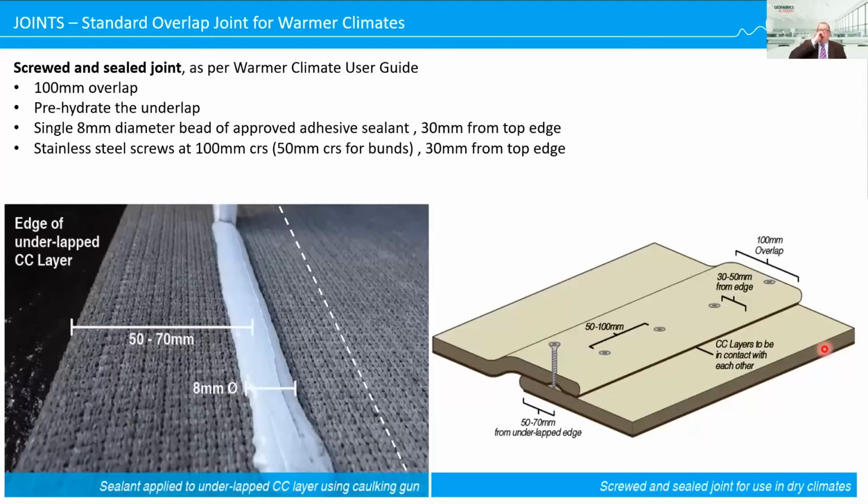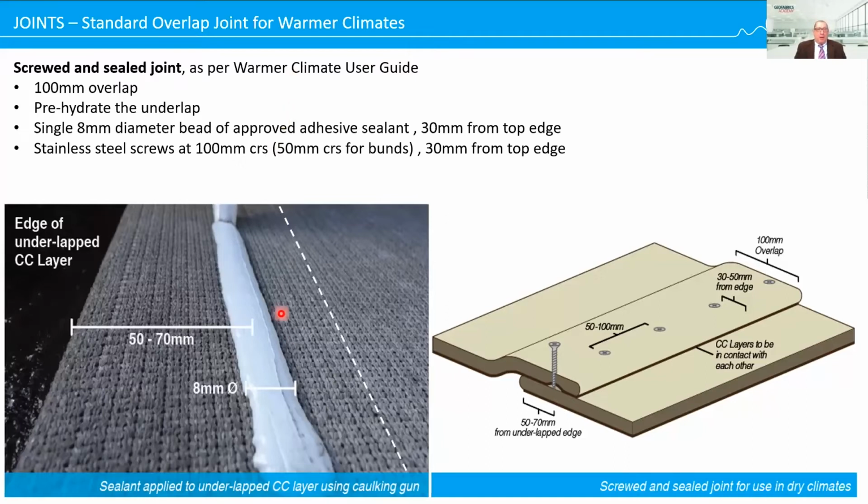Jointing: the predominant jointing method that we use in Oceania, according to the Concrete Canvas standard overlap for warmer climates, is the screwed and sealed joint. It consists of 100mm overlap, and we pre-hydrate the underlap.